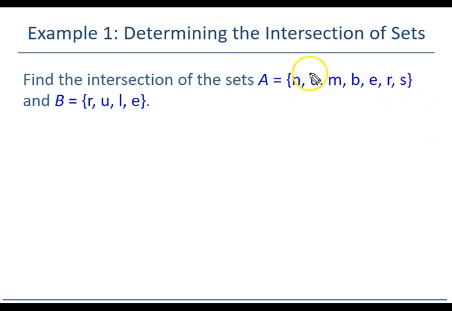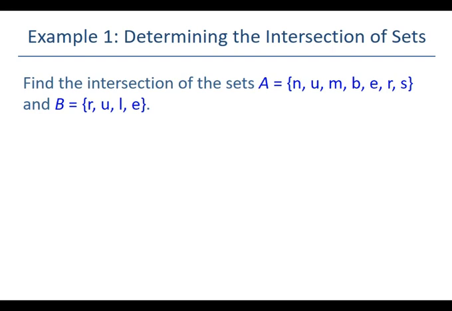Now, as we look at example 1, and write this in your notes, example 1, determining the intersection of sets. You want to see or develop a strategy for getting the answer. Something you might do as a strategy is to look at the letter N in set A. Is it in set B? No. Then you look at U. Is it in set B?